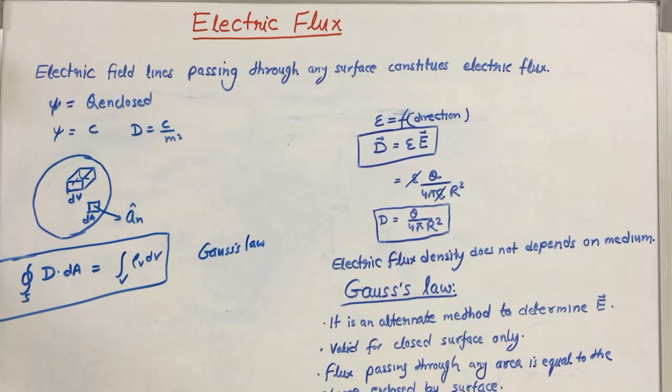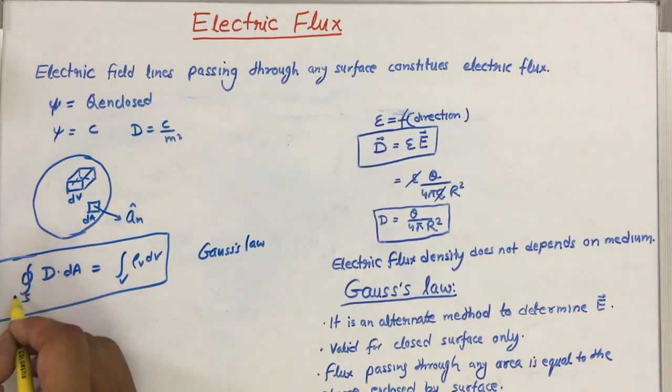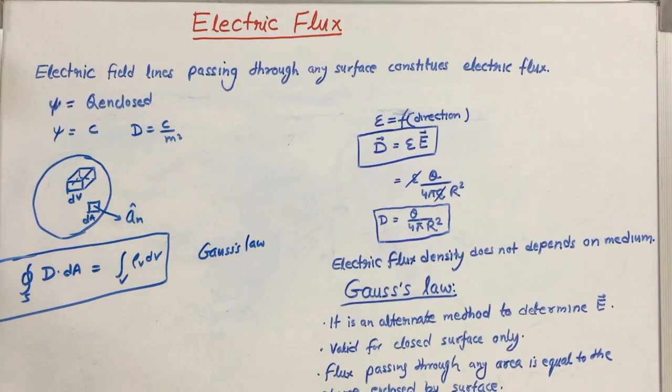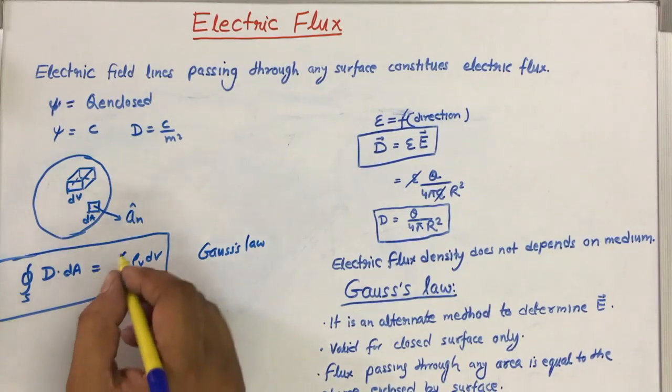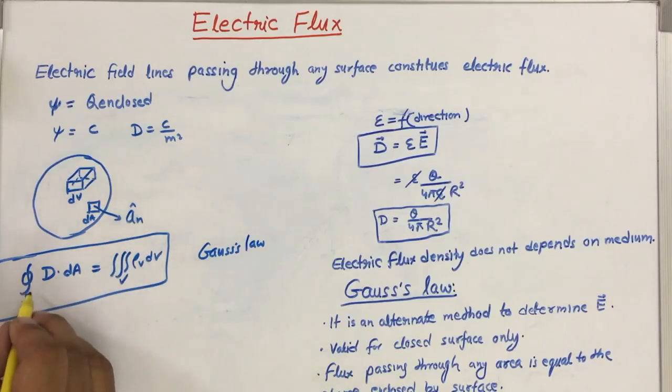Surface integral can be shown by two and volume integral can be shown by three integrals, so keep in mind. This is the Gauss law.